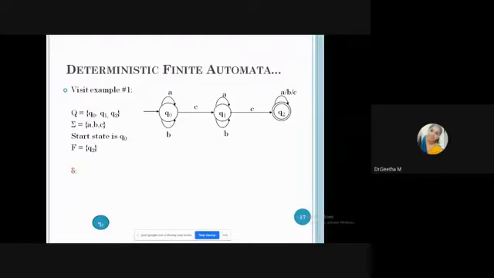Any number of states can act as accepting states. In this case, Q2 is the accepting state, represented by a double-lined circle. So this is what we want to know from this diagram: the initial state is Q0, the accepting state is Q2, and Q0, Q1, Q2 are the states.